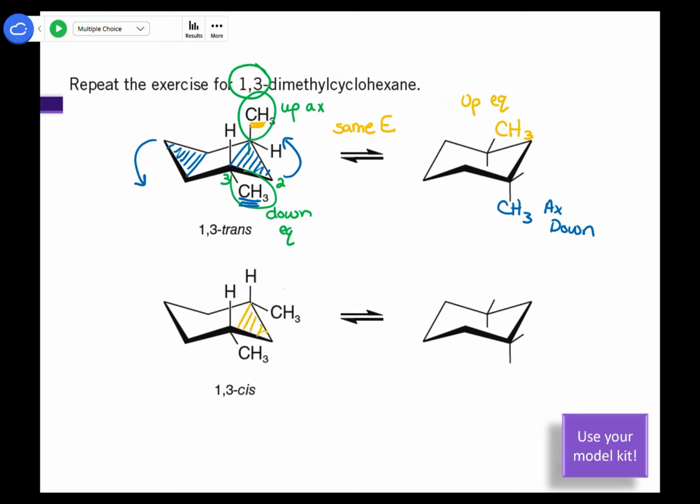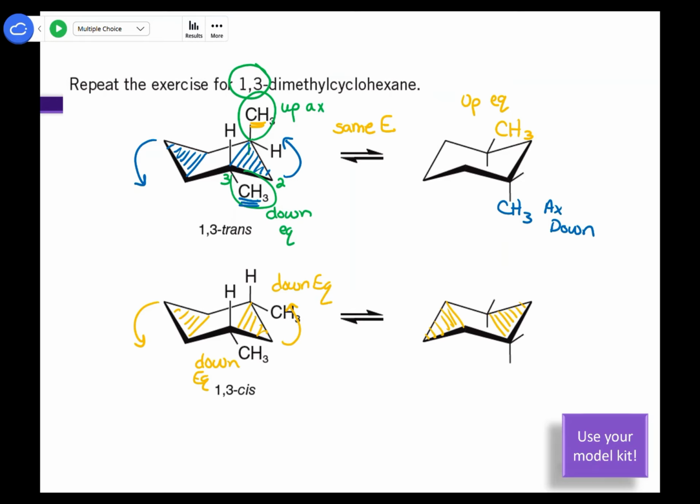So I have a down equatorial and a down equatorial. I'm going to take my up triangle, move it down, my down triangle, and move it up. And when we do that, we're going to see how this rotates. So my down triangle, I'm going to flip up.